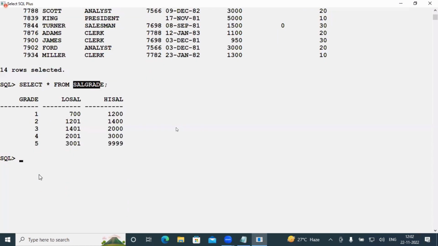Then see how I'm writing your query. Select employee name, salary, low salary, comma, high salary from EMP, comma, sal grade, which is one more table.